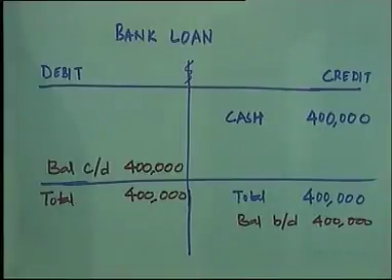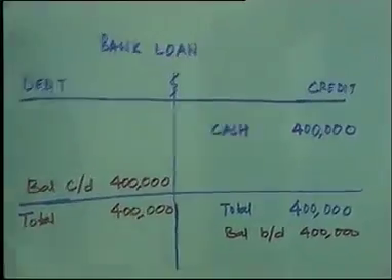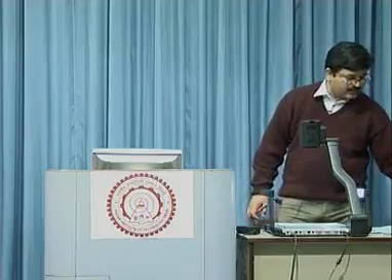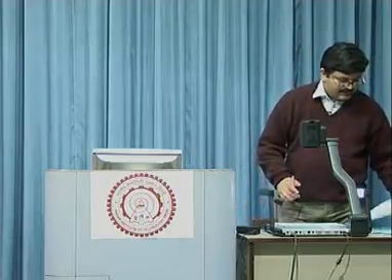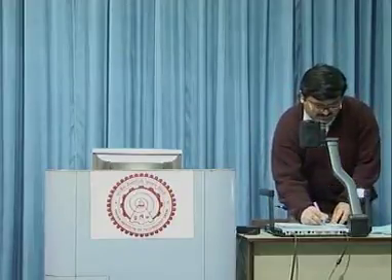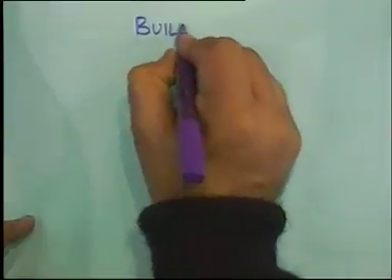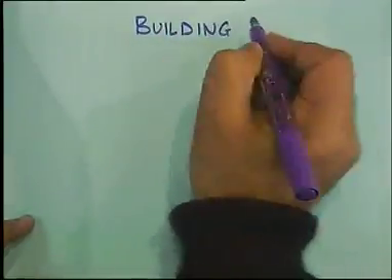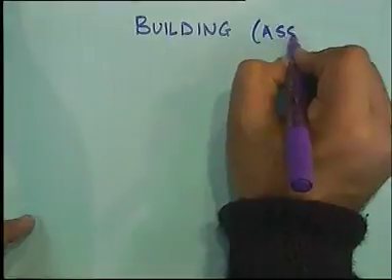Now we move on to one more so that the process becomes very clear to you. We had the building T account. I will do it again. Building. It's an asset.